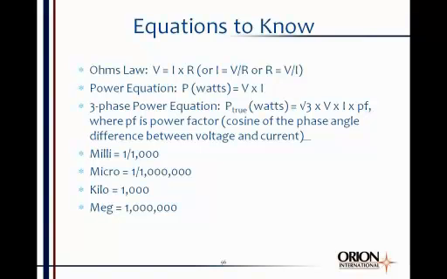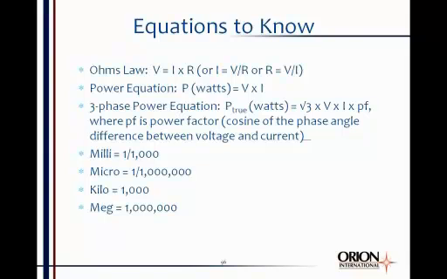And the power factor is the cosine of the phase angle difference between voltage and current. It's kind of a relative measure of how much in phase the voltage and current are. If they're both in phase with each other, power factor is 1.